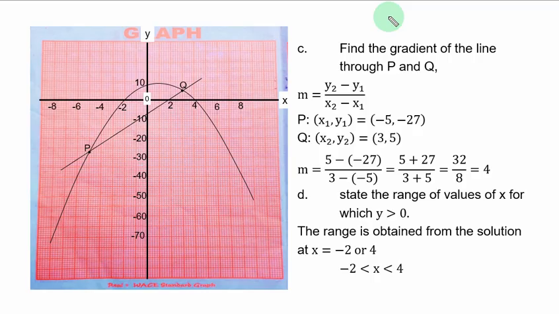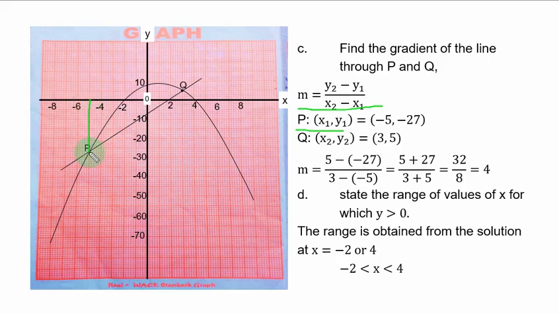C part of the question, you should find the gradient of the line through point P and Q. This is the gradient formula. Let's take P as the first coordinate with the point s1, y1. So this is point P. You trace point P to the s-axis to get s1. That is -5. -4, -6. The middle is -5.